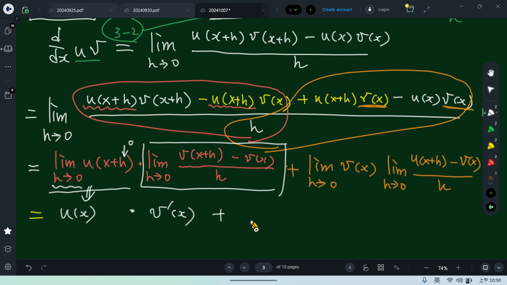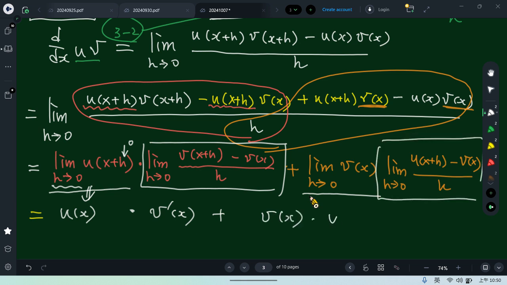Then plus, for the term limit h to 0 of v of x, we cannot find any h in this term, so it is treated as a constant and we simply move it out, getting v of x. Then for the other limit we get u prime x again.